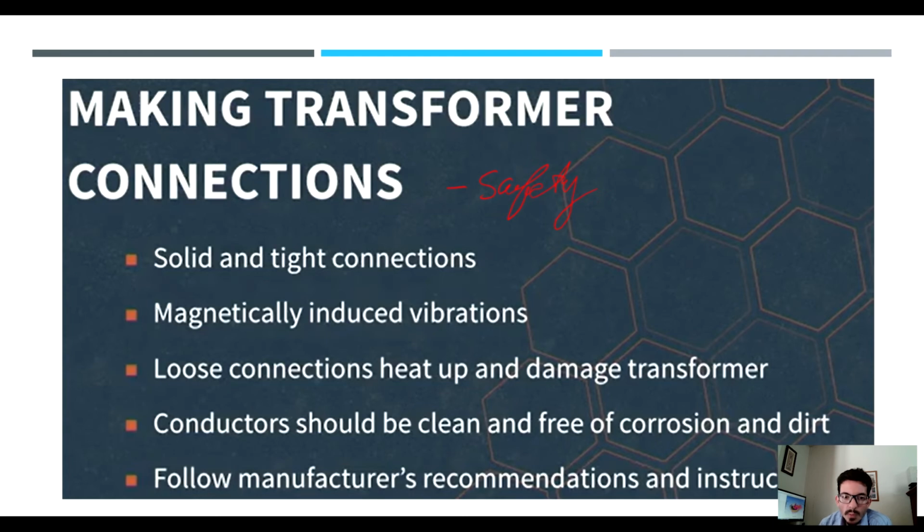The wires and connections are conducting materials, so they need maintenance to make sure they are free of corrosion and dirt, because dirt has particles and molecules that could be conductive and can damage or create corrosion spots on the connections. This is good practice for transformers or any system. Follow the recommendations provided by the manufacturers about how to maintain, install, and operate.